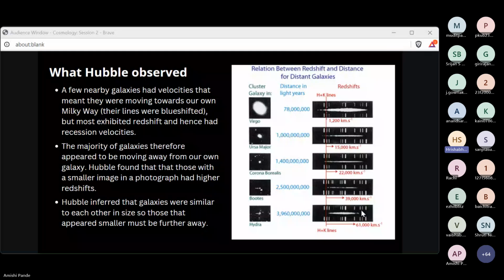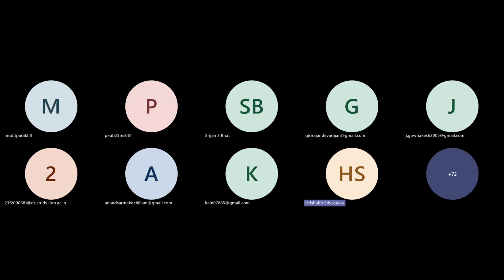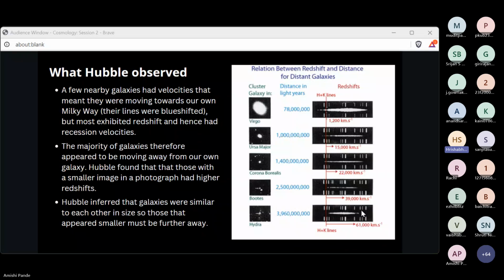So we'll go a little bit deeper into exactly what Edwin Hubble observed. What he found out was that there are a few nearby galaxies whose velocities were such that they were moving towards us. For example, most of you might know that our galaxy, the Milky Way, and the next closest galaxy, Andromeda, are actually going to collide. So when people talk about the expanding universe and stuff moving away from us, what people miss out on is that certain galaxies are not moving away from us.